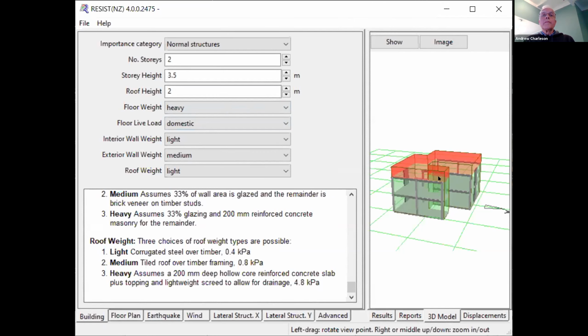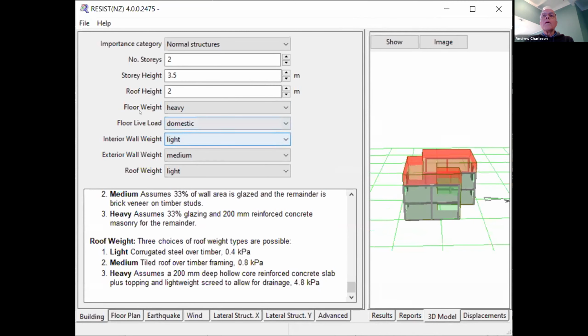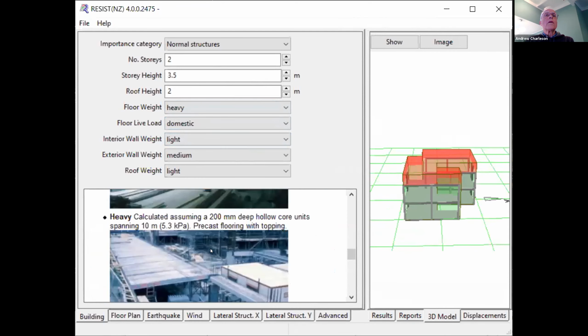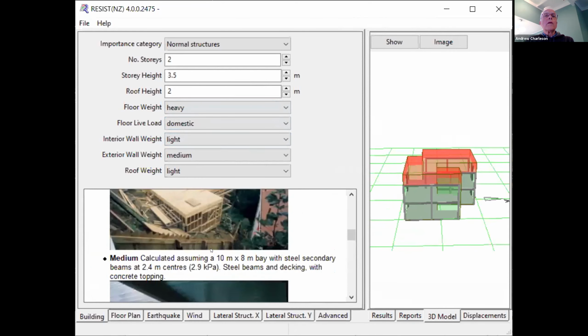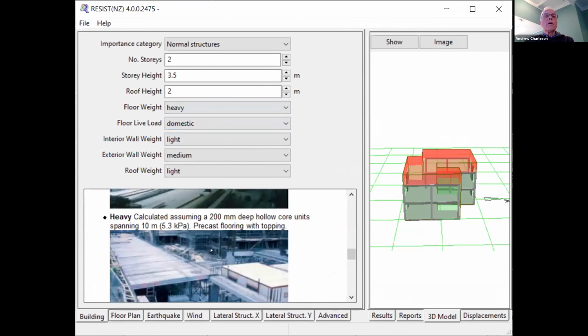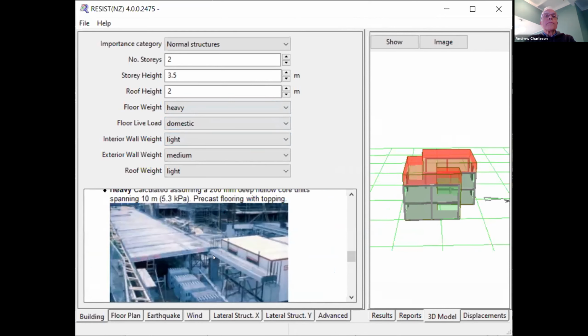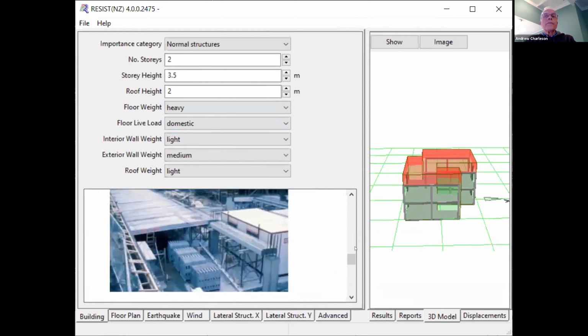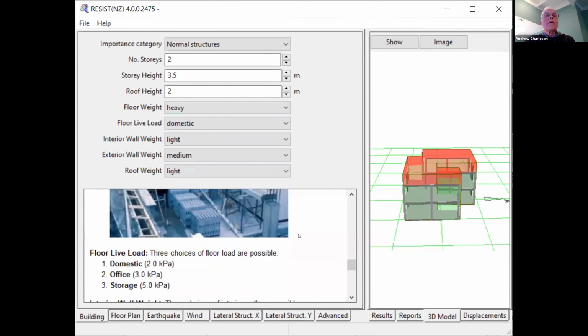I have a timber wood structure, and then the floor weight is heavy because I'm using precast flooring with topping. Yeah, and then the floor live load is domestic because it's a home.